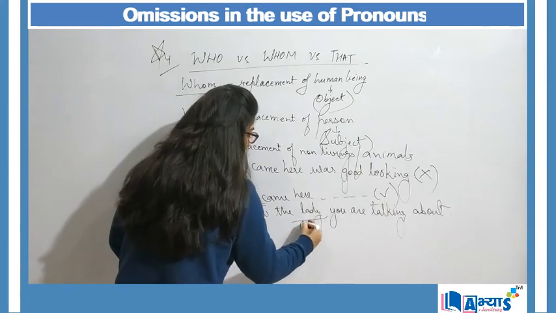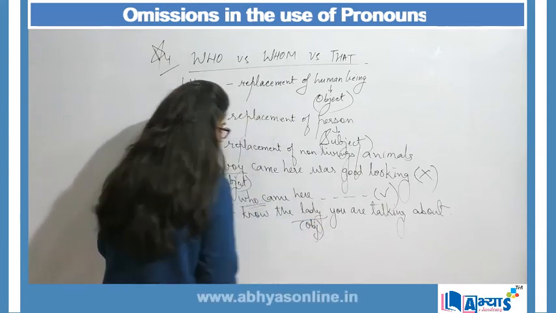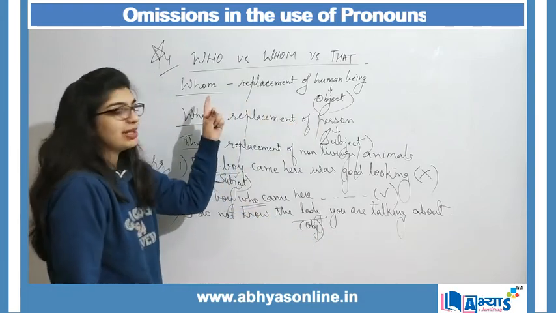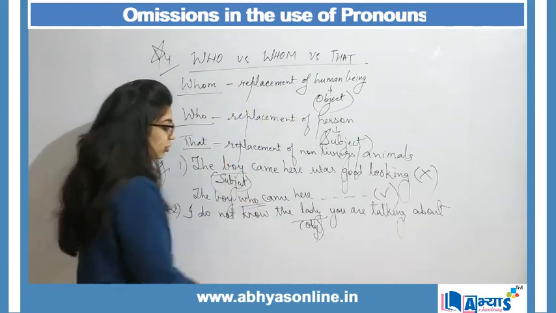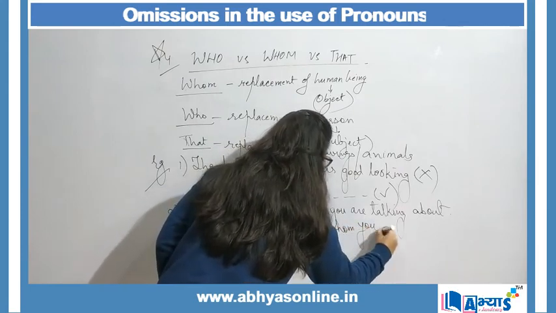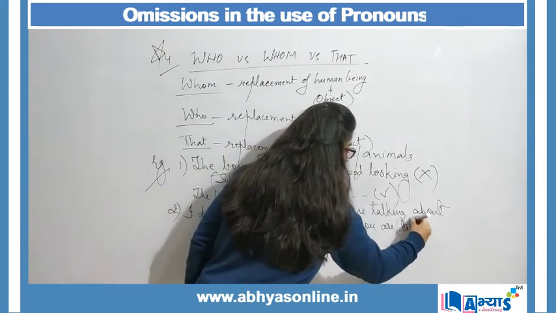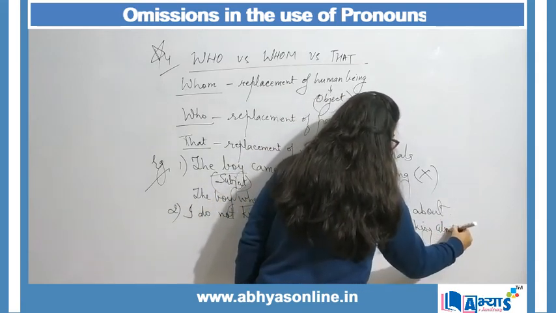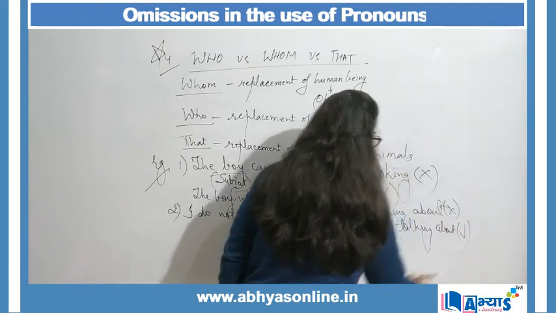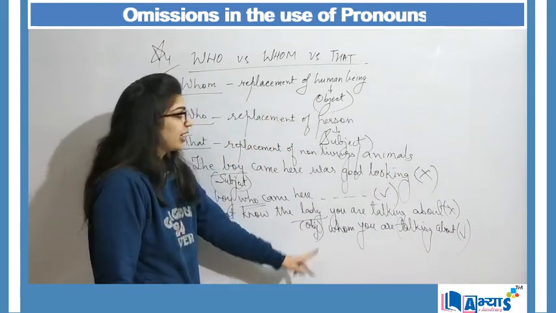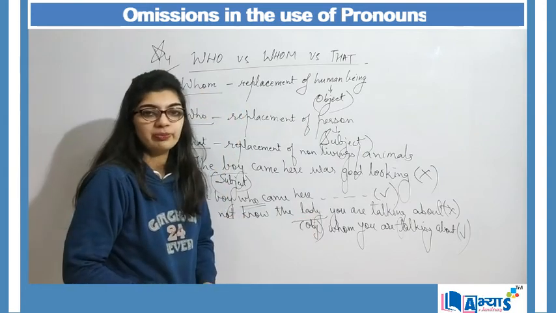Lady over here is my object. I do not know the lady. With object we replace with whom. So here I will say whom you are talking about. So this is a wrong sentence and this makes my sentence right, because if I'm talking about the object, then I will make use of whom.